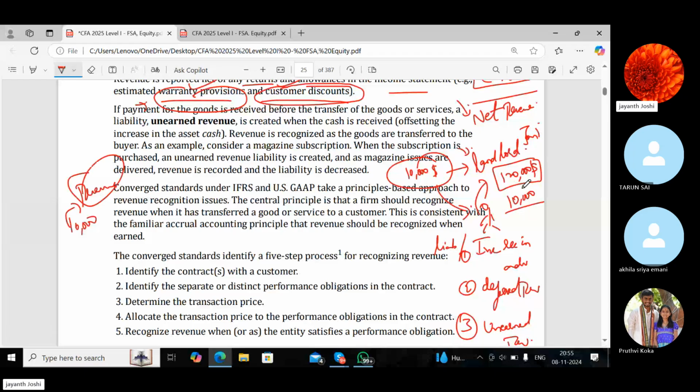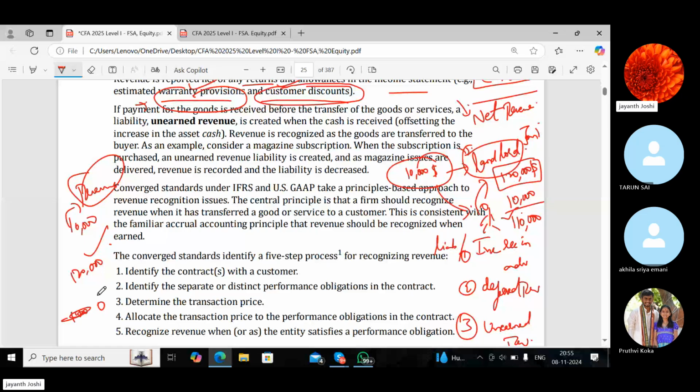The rest, $110,000, is the unearned revenue or liability for the landlord. After the entire 12 months have passed, the entire $120,000 will be recognized as revenue earned, and the liability in the balance sheet would be zero because the entire service has been provided and the landlord has no obligation whatsoever towards the tenant. This is the treatment.